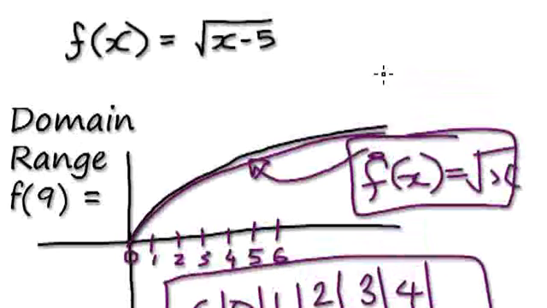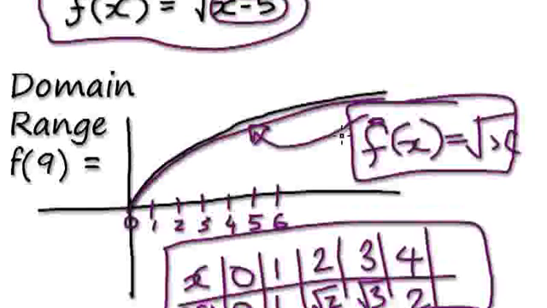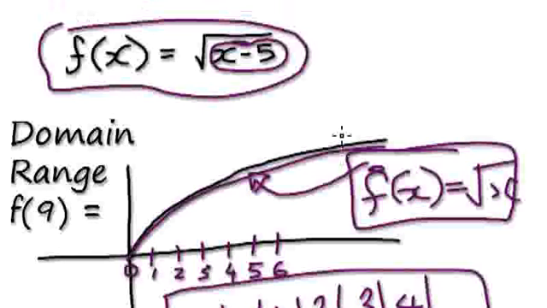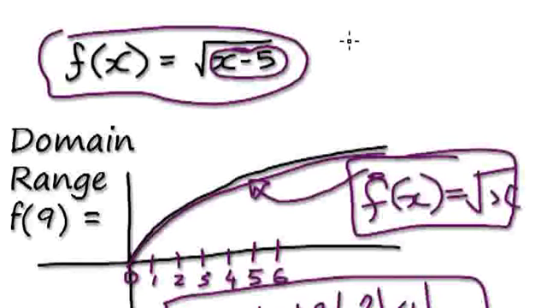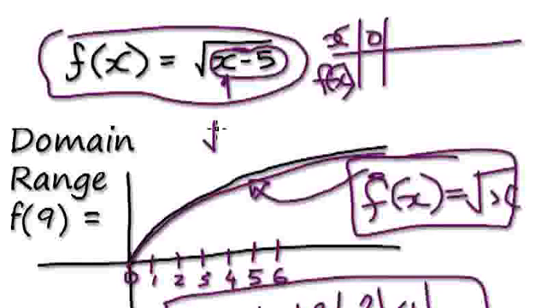Now look what happens when you try and plot this one here. You can imagine this as there being a bubble here. When you create your table like this, x here, f of x here, now when x is 0, if you put 0 into here, you're going to get negative 5.